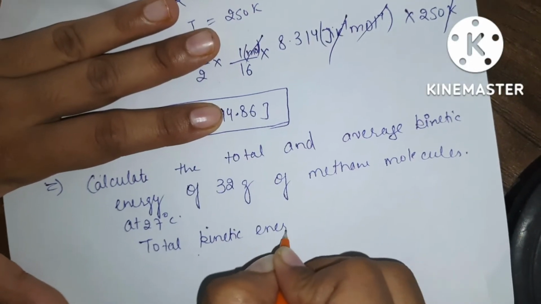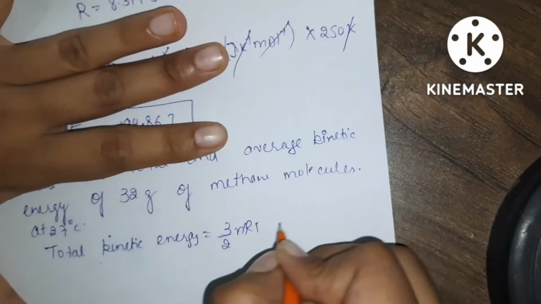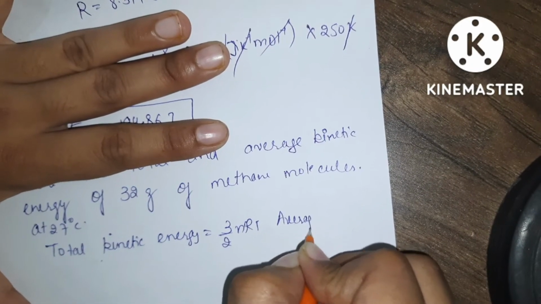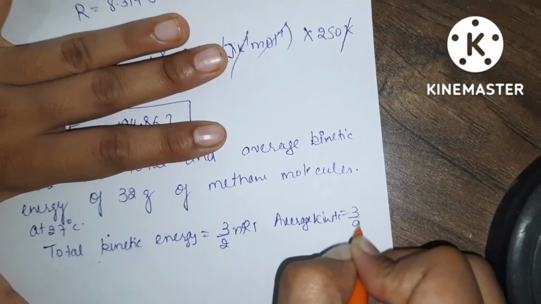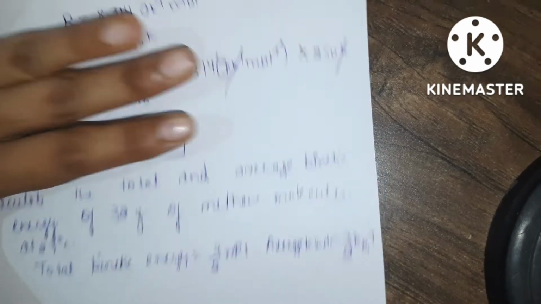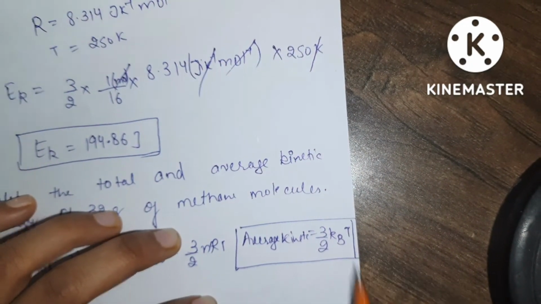I have already told you that total kinetic energy is 3 by 2 nRT and the average kinetic energy is 3 by 2 kBT. This is the formula of average kinetic energy.